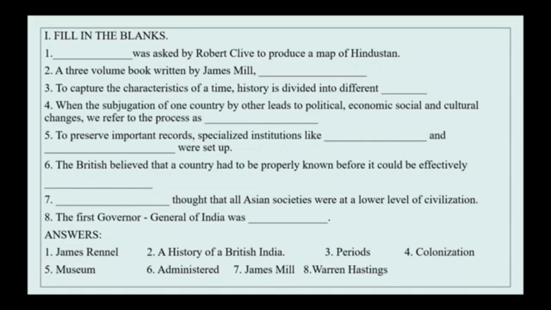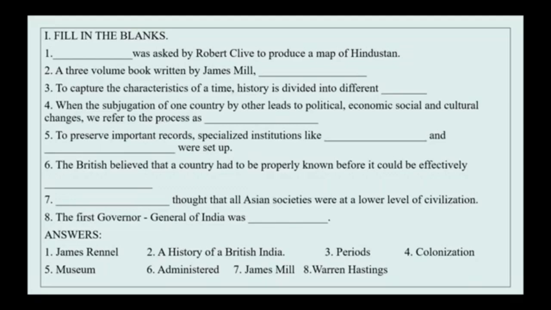The British believed that a country had to be properly known before it could be effectively administered. So they brought surveys. Next, seventh one. Dash thought that all Asian societies were at a lower level of civilization.